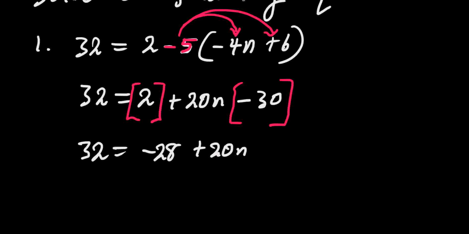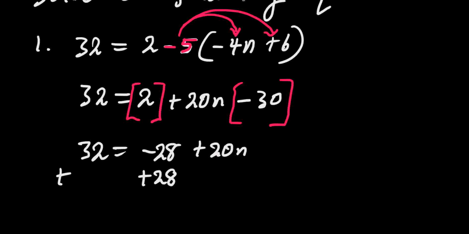And so now we are going to move negative 28 from here to the left, and we can only do that by adding 28 to both sides, because it is negative 28, so we can only add the opposite of this sign. Opposite of negative 28 is positive 28, so let's add it to both sides.